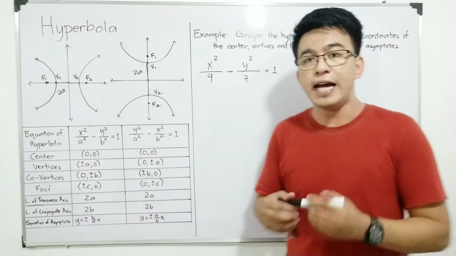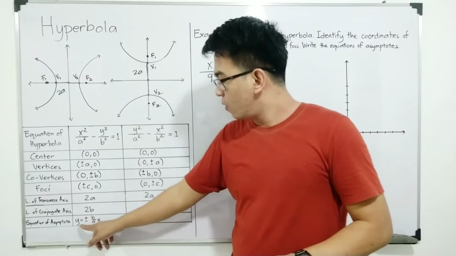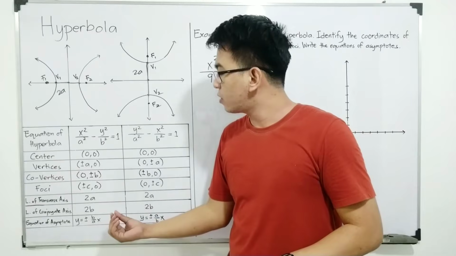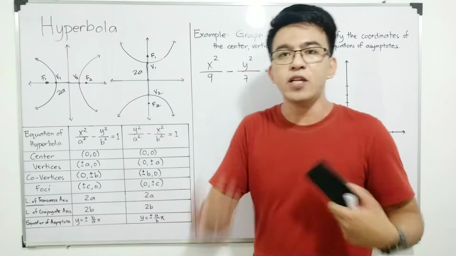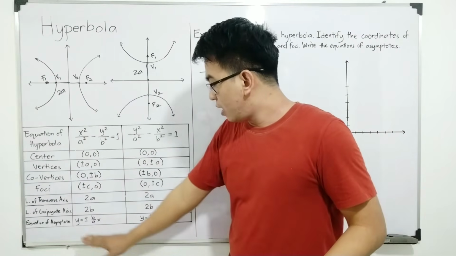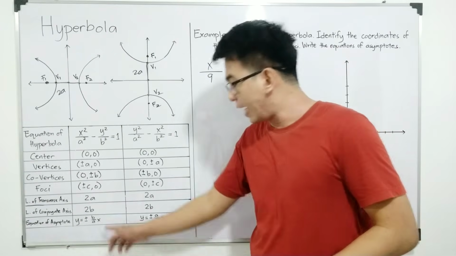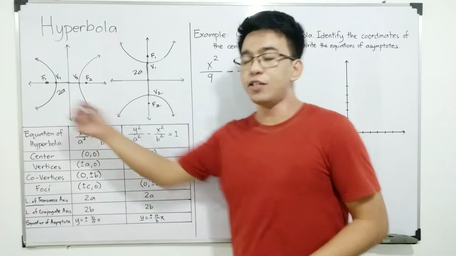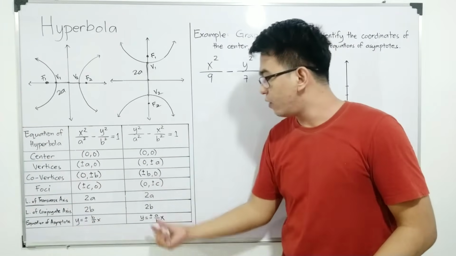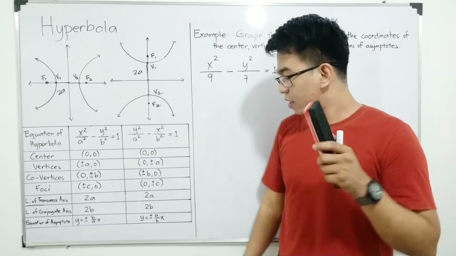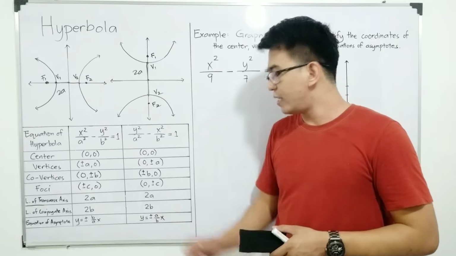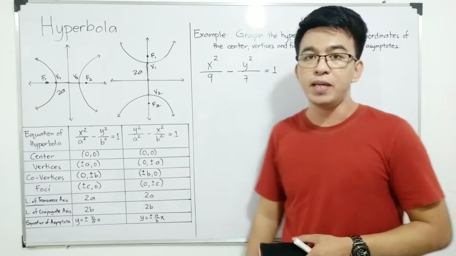As for the equation of the asymptote, guys, later on, papakita ko sa inyo yung asymptote. The equation is y is equal to positive negative b over a x if this is the orientation, and if the orientation is vertical, your equation is y is equal to positive negative a over b x.